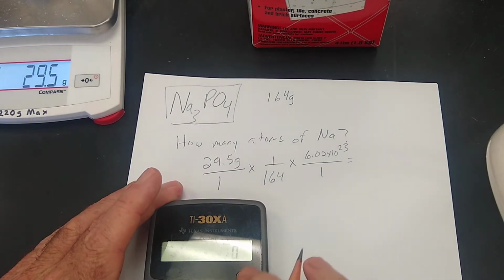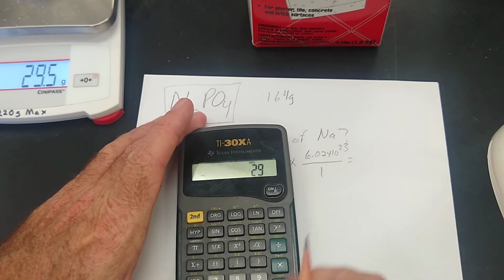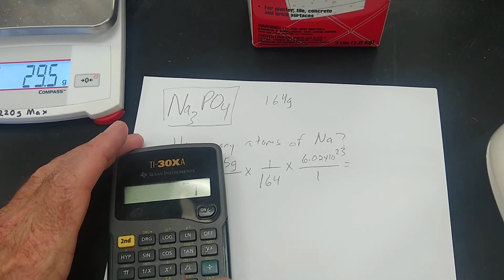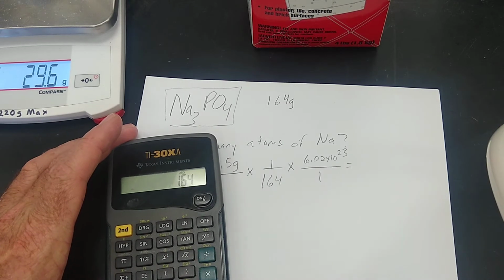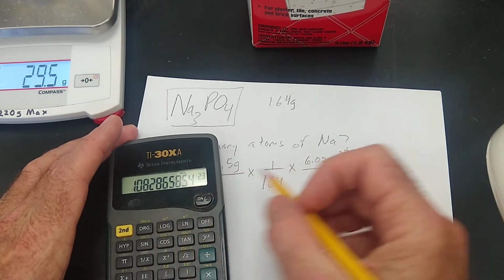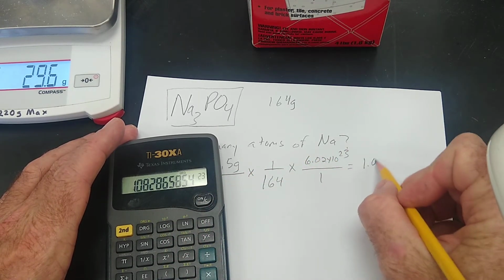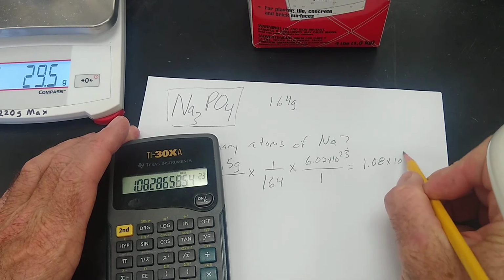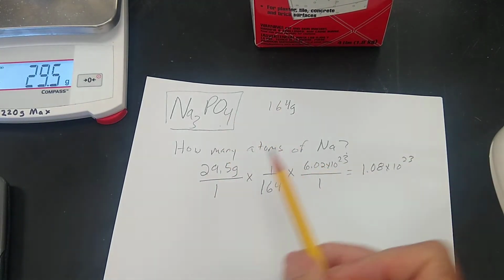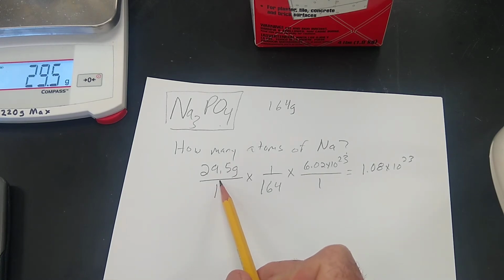So we can start out very simply, 29.5 divided by 164 times 6.02 EE23 equals 1.08 times 10 to the 23rd compounds of sodium phosphate in 29.5 grams of sodium phosphate.